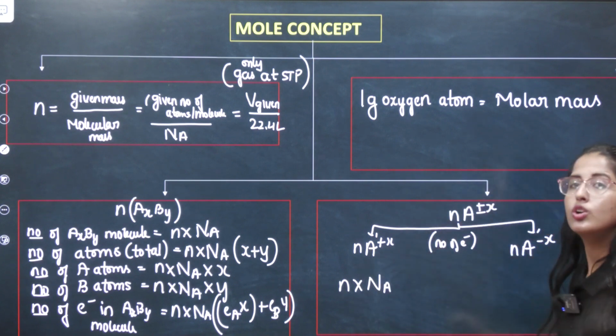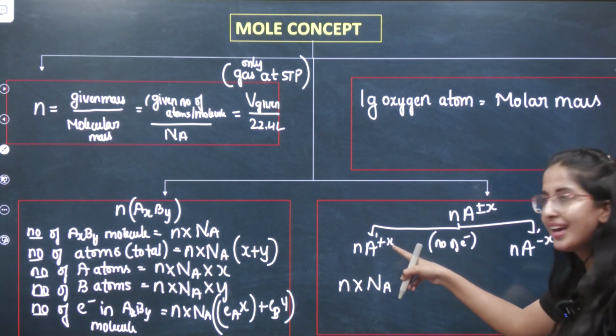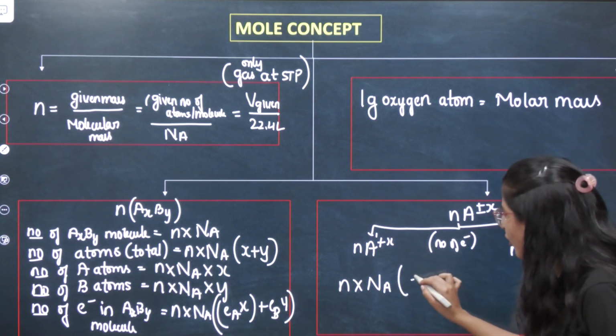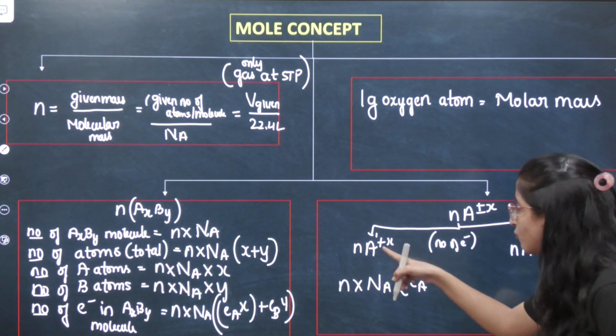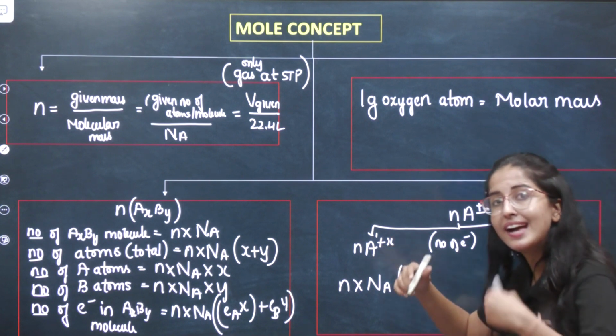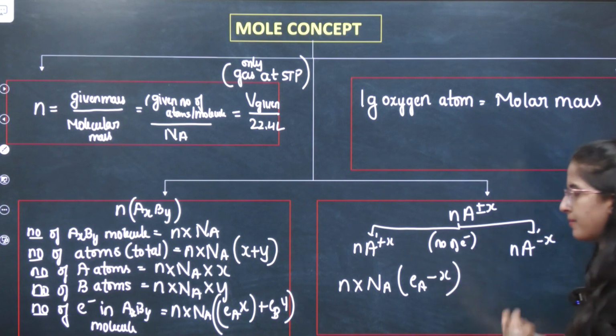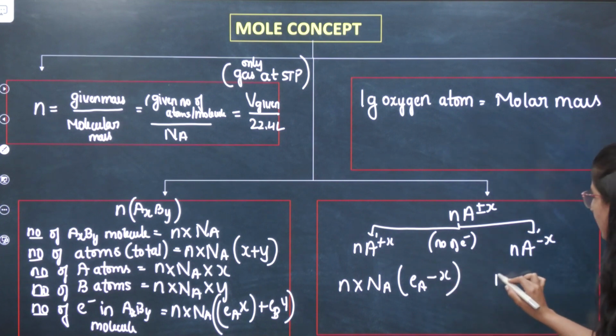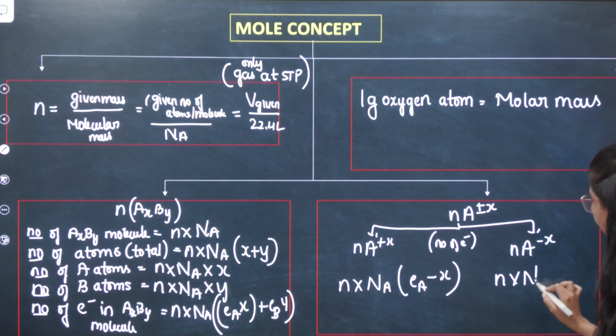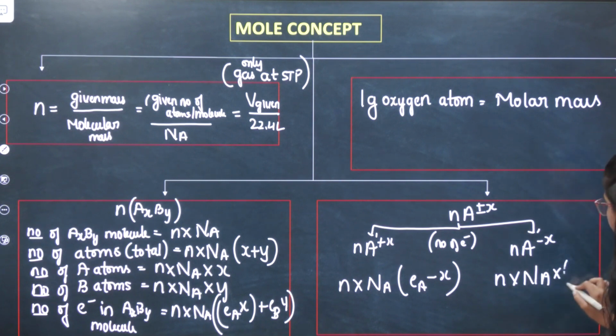Then multiply it by the electrons of A. It means it has lost this much electron, therefore minus X. And for the A minus X ion, multiplied by the electrons totally present, minus means it has taken, therefore plus X.